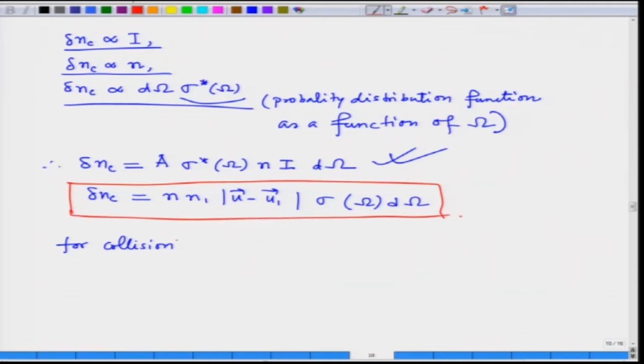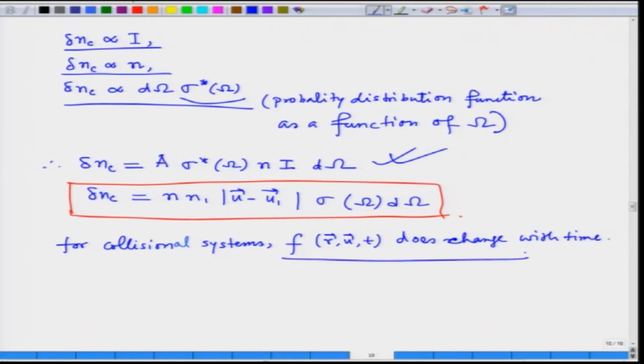Then I state that for collisional systems, basically F, the distribution function, does change with time. That is something very important. For collisionless systems, we do not have df dt.